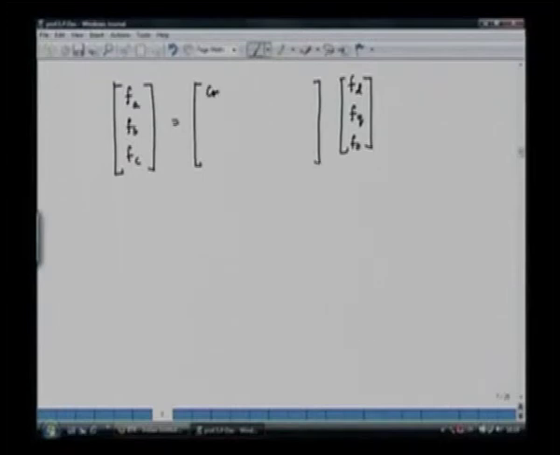It is cos theta, cos theta 1, cos theta 2, minus sin theta, minus sin theta 1, minus sin theta 2, 1, 1 and 1. This is the inverse of Ks. It is the invertible matrix.